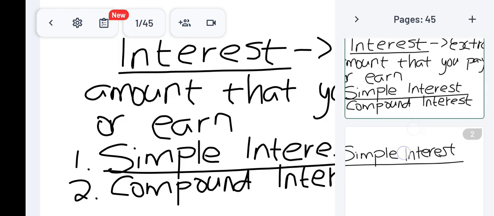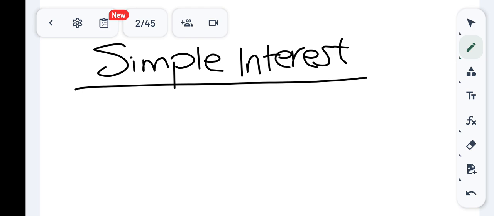So what is simple interest? By now you understand what interest is, right? Now, what is simple interest? Simple interest is the interest that is calculated only on the original amount throughout.